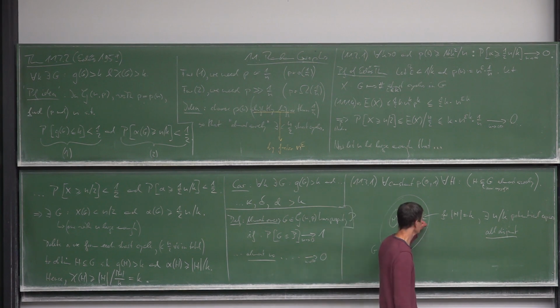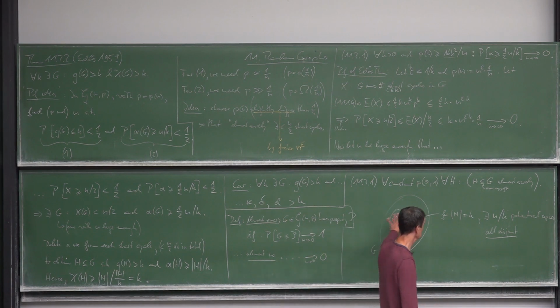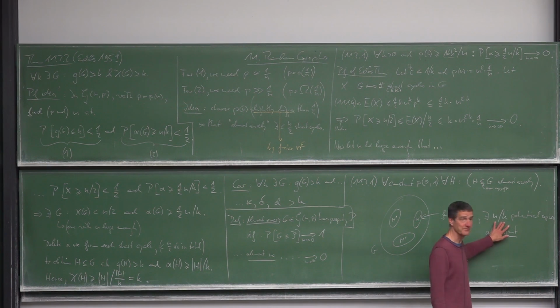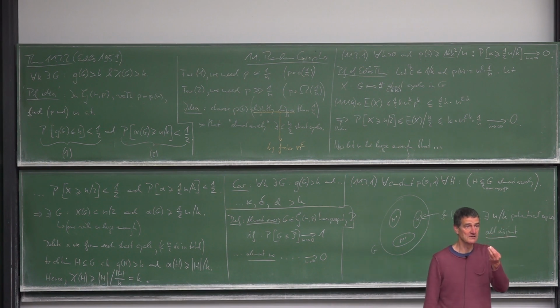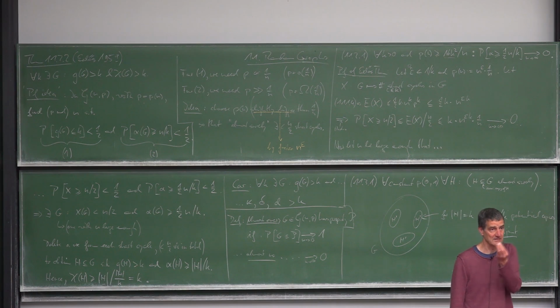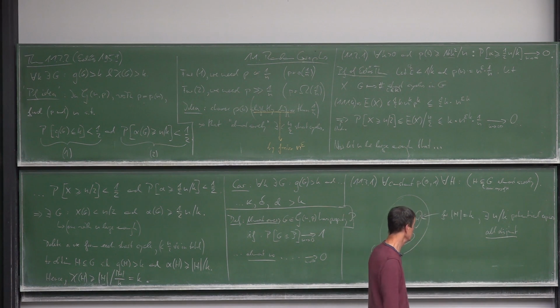Now, each of them fails with some probability that is less than 1, between 0 and 1, right? So the probability that they all fail is the product of all these things, but the number of factors goes to infinity as n gets big, because k is constant. So you have some constant between 0 and 1, and a power of that goes to infinity, and that product can only tend to 0.